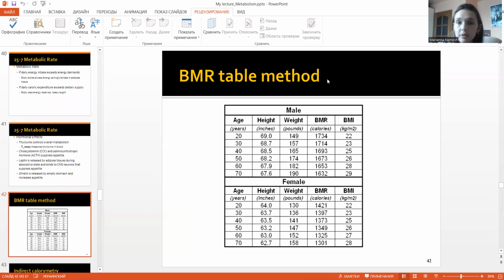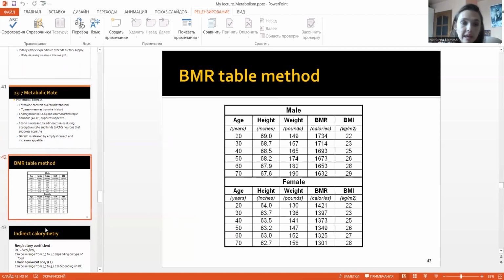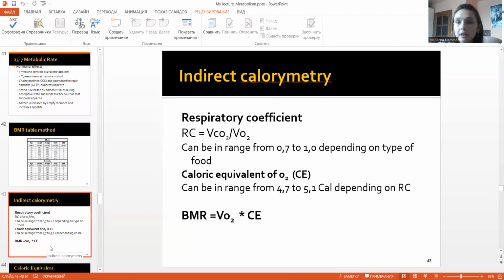Basic metabolic table method. You could find, by the age of the person, approximate height and weight, and as a result receive the approximate amount of BMR which a person could have, depending on the sex, male or female. Indirect calorimetry requires the values of carbon dioxide and oxygen, and by these values we could count by respiratory coefficients.